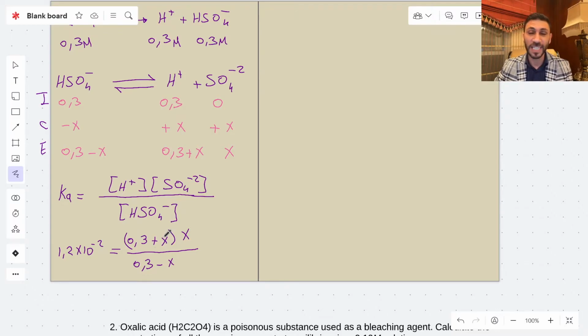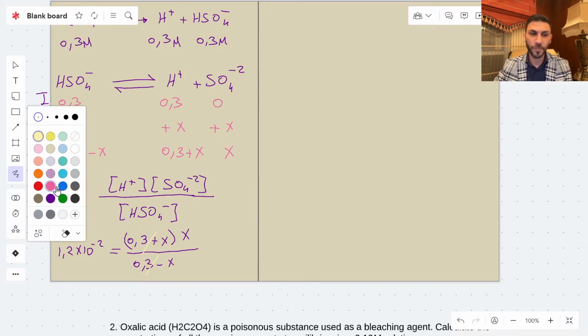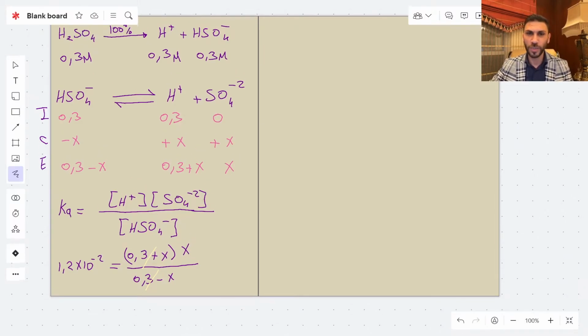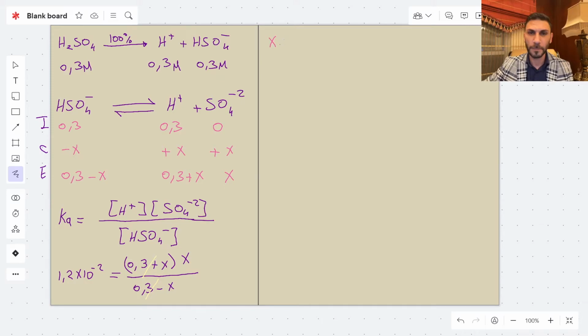That means it's a negligible amount. That means 0.3 plus X almost equal to 0.3. And 0.3 minus X also almost equals to 0.3. So this one is 0.3, 0.3. So they cancel each other, leaving X only. So X equals to, in this case, 1.2 times 10 to the power of negative 2.